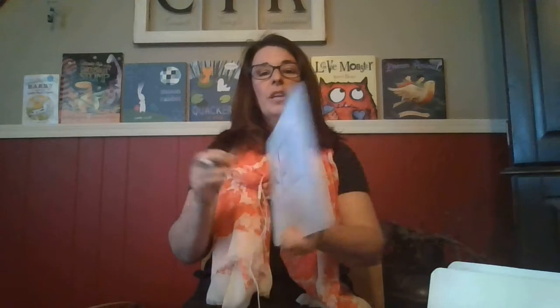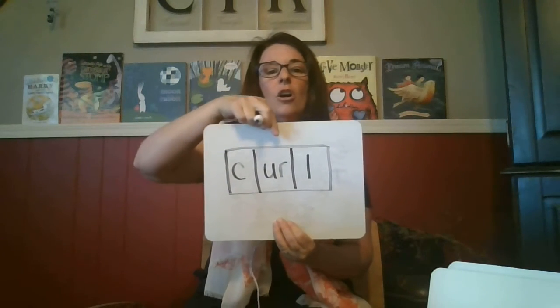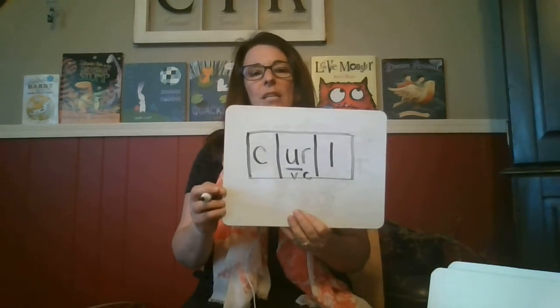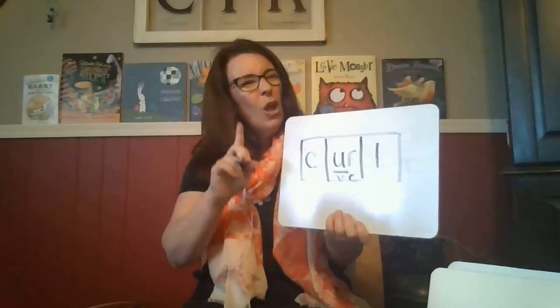Okay, you ready to show? Check yours. Now, if I were marking this for a syllable type, I'd underline the R. I'd put a C after it because there's a consonant. But it's not closed.